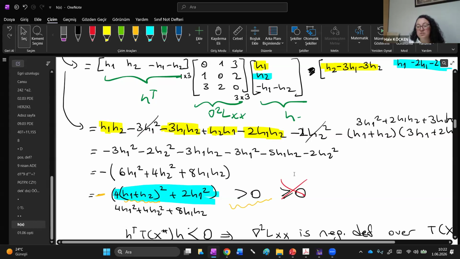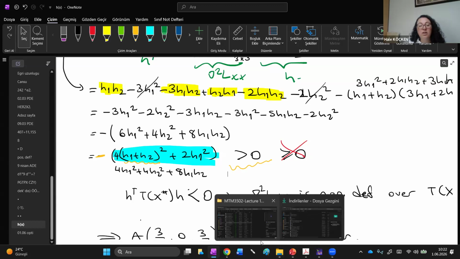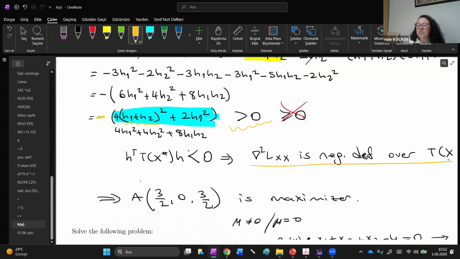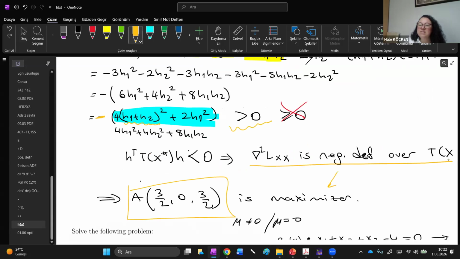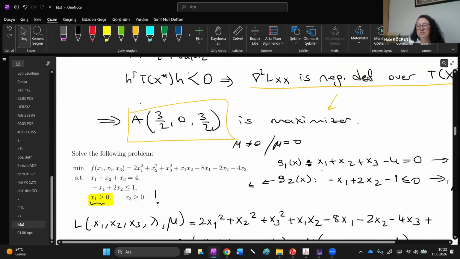Actually, there is no possibility for greater than or equal to, because all of them cannot be 0 directly. So anyway, we decide that over the feasible direction set it is always negative, which means that it is negative definite over the feasible region set. So your candidate point will be a maximizer by this analysis, okay? By these analyses.